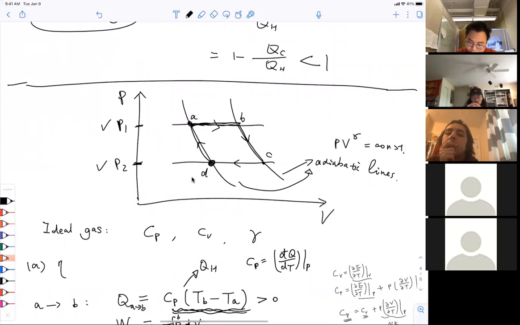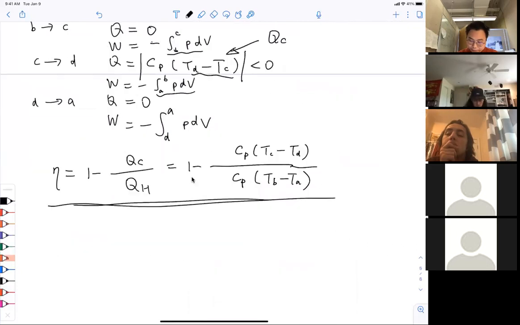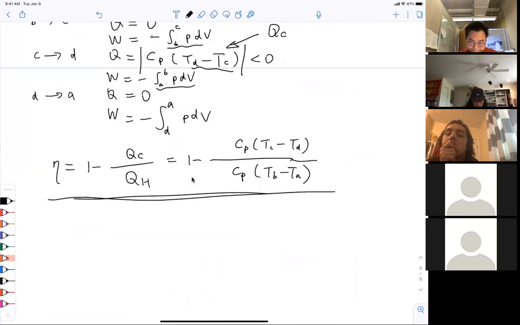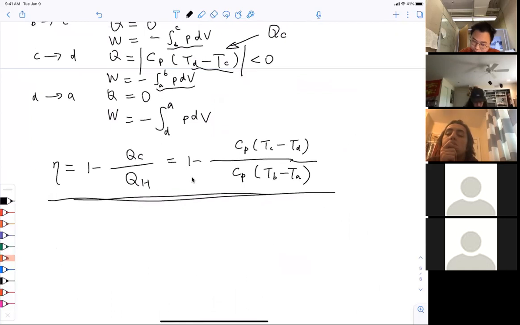This line is P equal to P1, this is PV^gamma equal to constant, and it's P equal to P2, this is also PV^gamma equal to constant. It's like geometry, so you can calculate everything. Now we only need to calculate what this guy is in terms of P1, P2 and gamma.